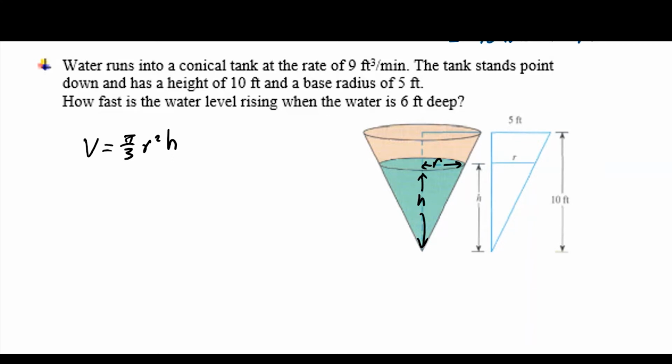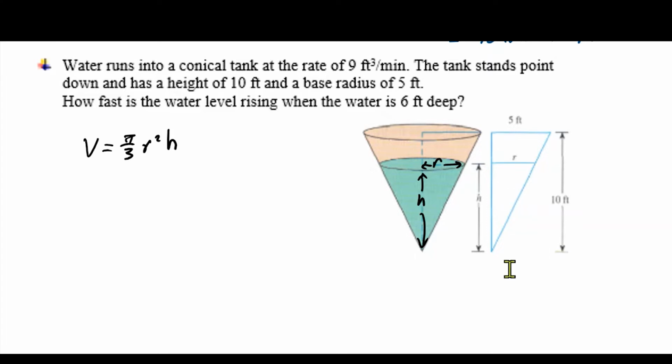Okay, and V is a function of t, R is a function of t, H is a function of t. So this is not a multivariable function. We can just take a derivative with a product rule and it'll work. However, remember that trick? Whenever we can substitute one of the variables out, let's say we switch R out in terms of H, that problem becomes that much easier because we can avoid the product rule, right? Is there a relationship between R and H?